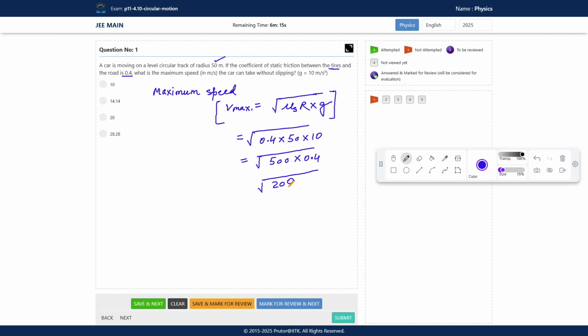So which one is correct? Under root 200, that is 14.14.